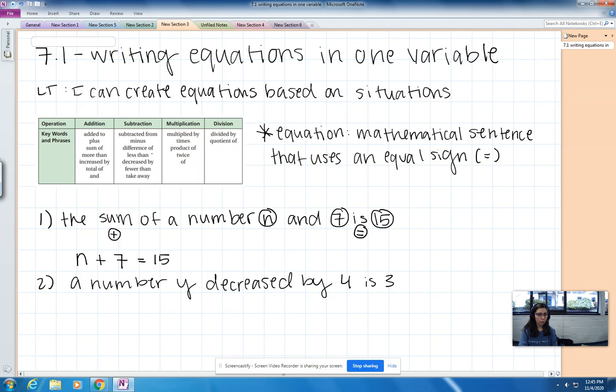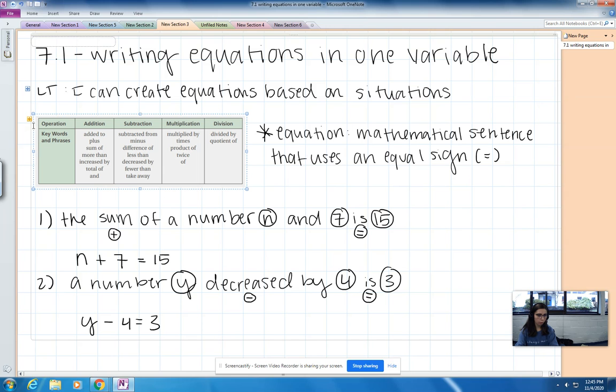If I go up into my chart, I would see that decreased by means subtraction. It means I am doing the variable y minus 4. Y minus 4. Then my last little piece right here says is 3. Again, is just another way to say equals 3. So y minus 4 equals 3. That is our equation.